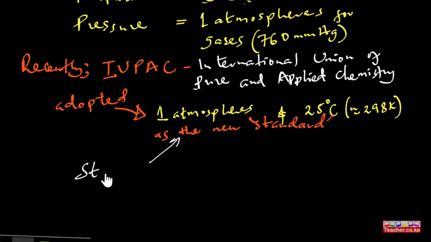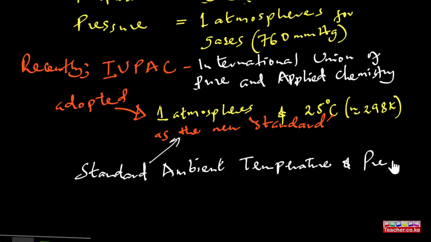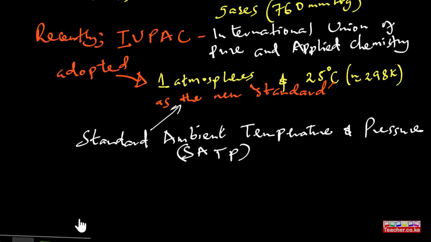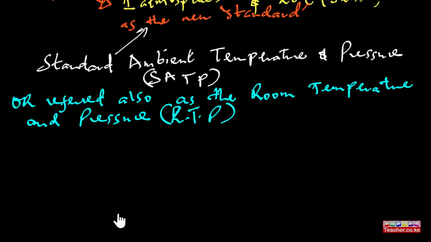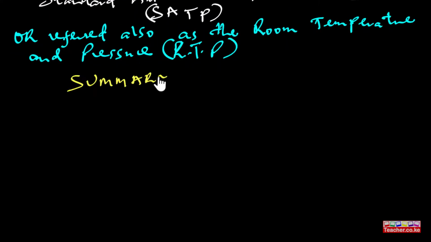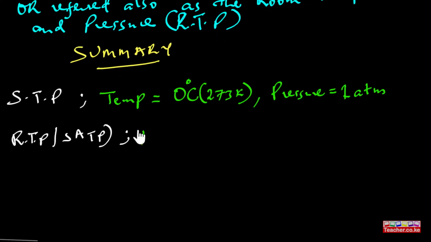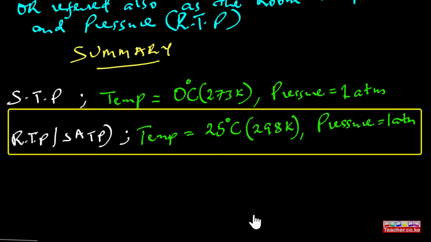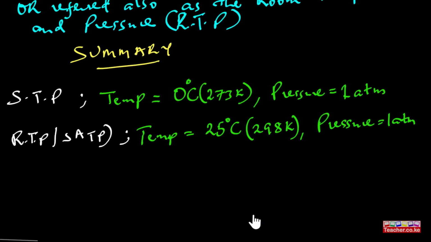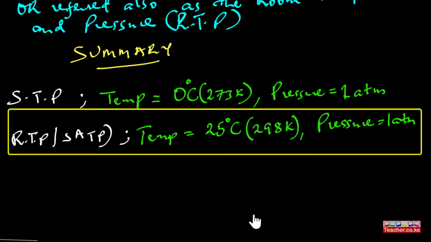But these conditions have not picked up, and as such, they are simply referred to as the standard ambient temperature and pressure, or sometimes called the room temperature and pressure. So to repeat, the standard ambient temperature and pressure, or the room temperature and pressure, are simply 1 atmosphere's pressure and 25 degrees Celsius temperature, or simply 298 Kelvin.